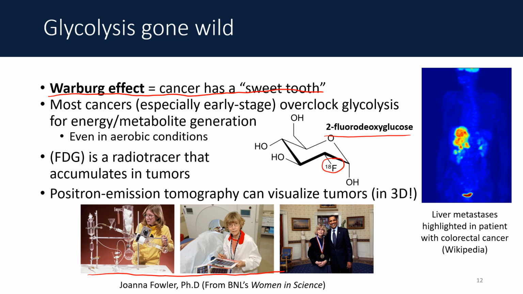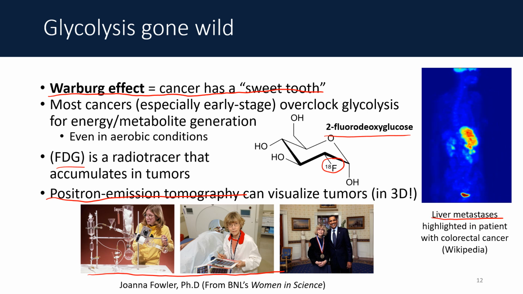And what this FDG molecule does is you inject it into a patient and it will rapidly partition into tumors and cause them to illuminate under a non-invasive imaging technique called positron emission tomography, or a PET scan for short.